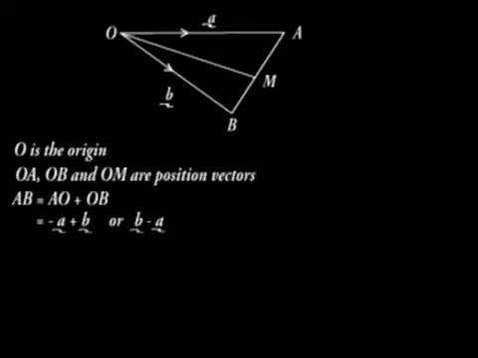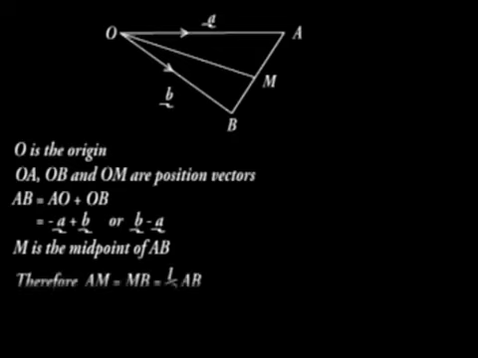That is minus A plus B, or B minus A. M is the midpoint of AB. Therefore, AM is equal to MB, which is equal to a half AB, which is a half into vector B minus vector A.